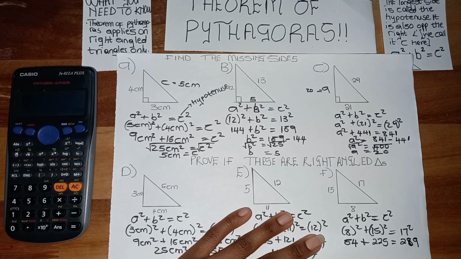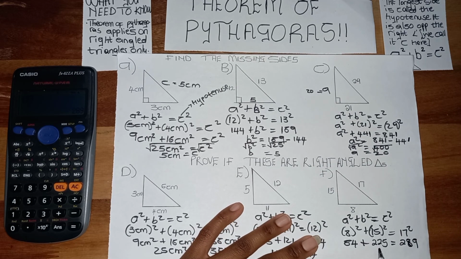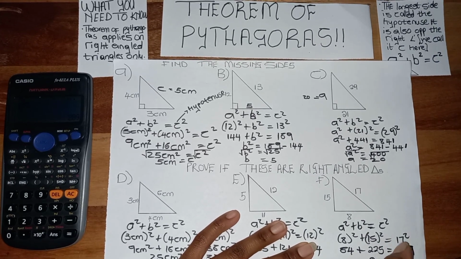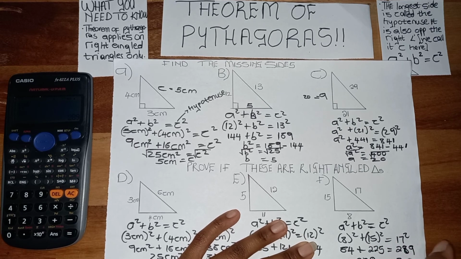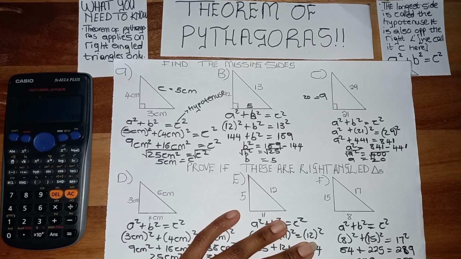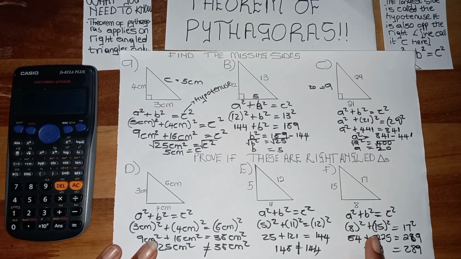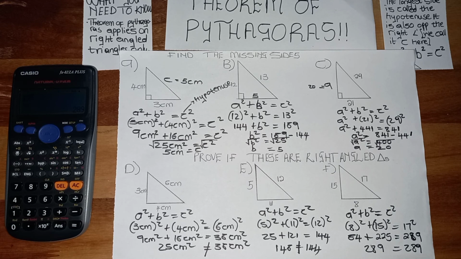So now you're going to calculate 64 plus 225, it's 289. So you can see that 289 equals 289, which means that this one is a right angled triangle. We have proved that letter F is a right angled triangle.